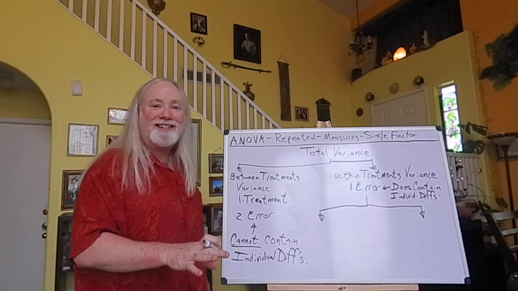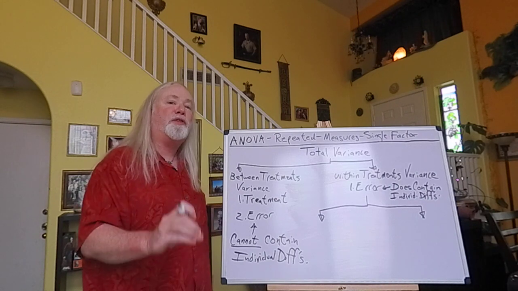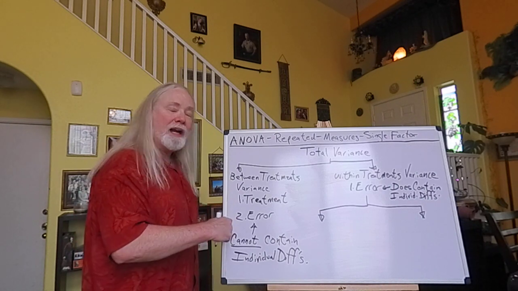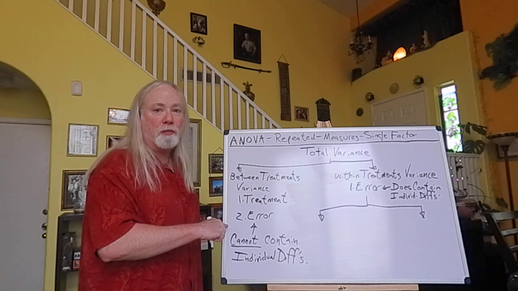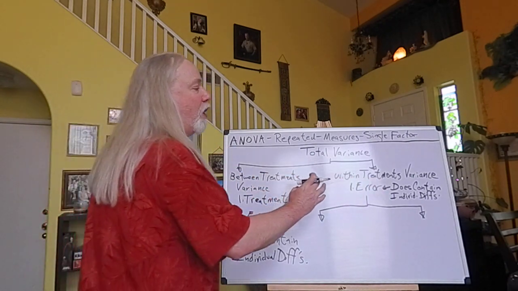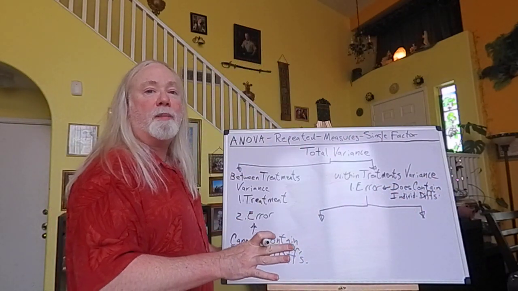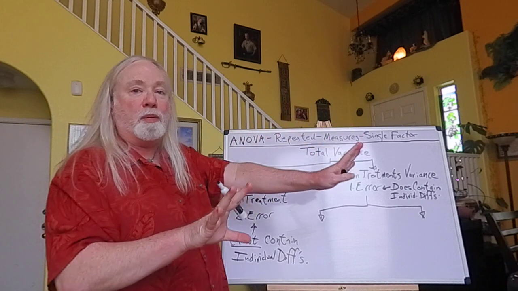So in the second stage, the point is to remove the individual differences from the denominator. It's already naturally individual difference free in the numerator. It's the denominator where we have to take it out. So we're going to take all this variance related to error, we call it the error term, and we're going to subdivide this into 2 piles.